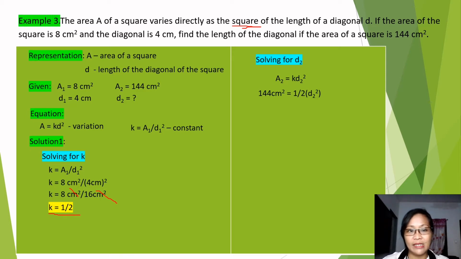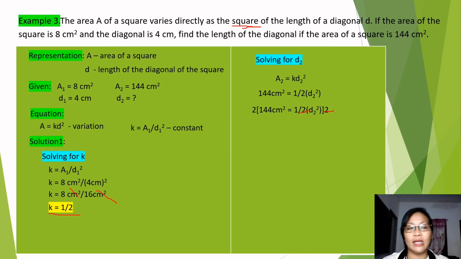And of course, to isolate D sub 2, we need to multiply both sides by the reciprocal of 1/2, which is 2. So we have now 2 times 144 centimeters squared is equal to 1/2 D sub 2 squared times 2. Then cancel natin ang 2 and 2. Why? Kasi this 2 is a whole number and this is the denominator for fraction 1/2.